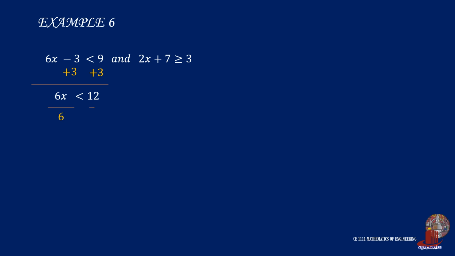Divide both sides by 6 to have x as less than 2. The other inequality is simplified by subtracting 7, which makes it 2x as greater than or equal to negative 4. Then isolate x by dividing both sides by 2, arriving at x as greater than or equal to negative 2.